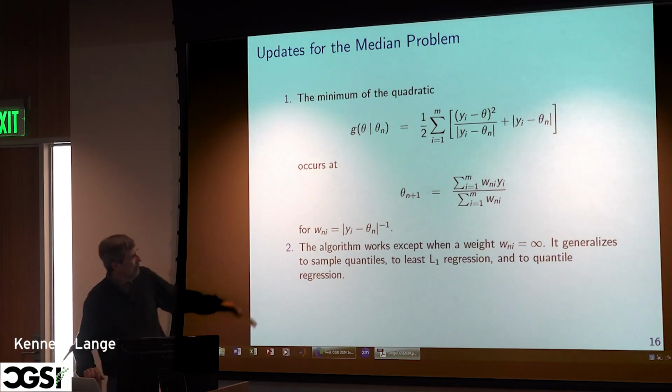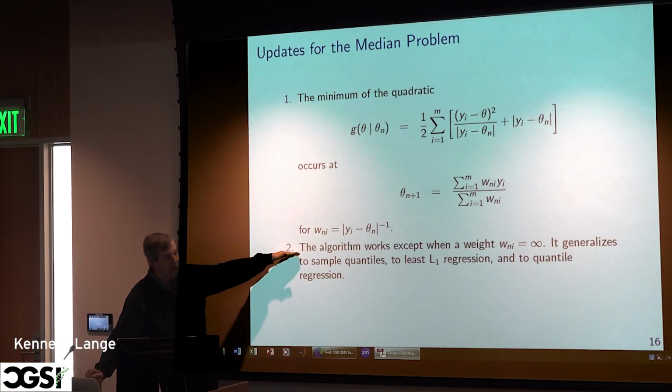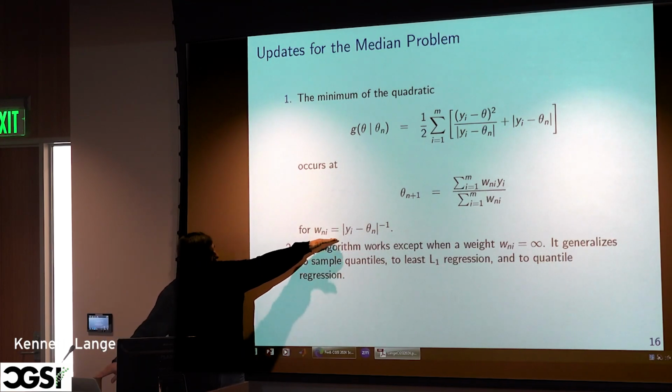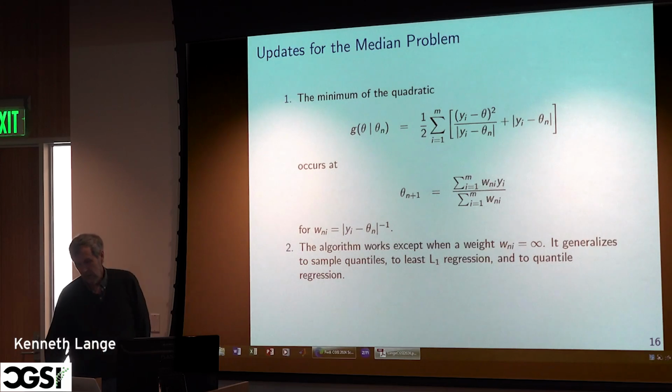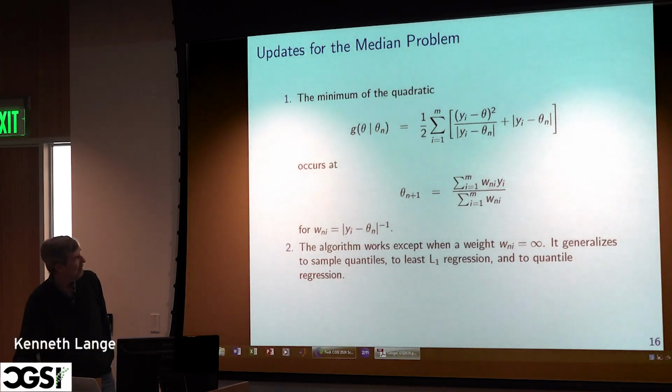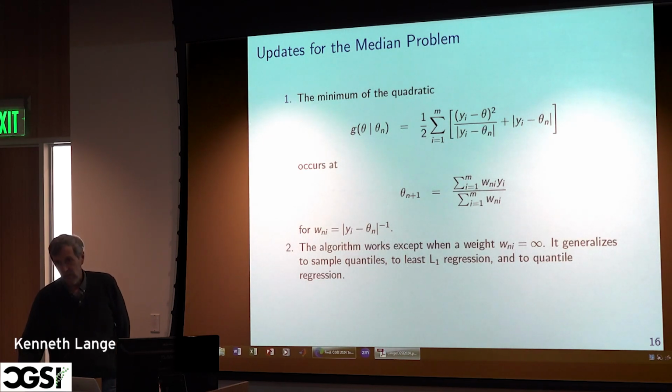Now, it could be that a weight is equal to infinity when this yi minus theta n is 0. In practice, that doesn't occur, but there are ways of constructing at least approximate algorithms that solve a very good approximation of this problem, which don't have that problem of infinite weights.